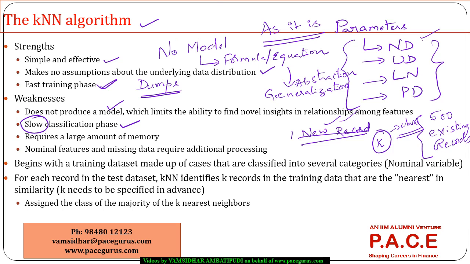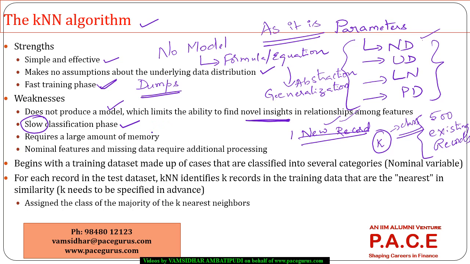And because it does not produce a model, new insights are not coming out from the data. No generalizations being done, no patterns being stored, no formulas being created. So the novel and the new insights from the data are not coming up. Explicit relationships among the various features are not getting displayed for us.